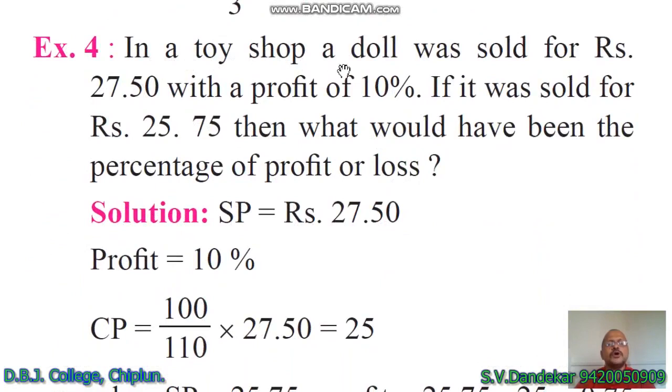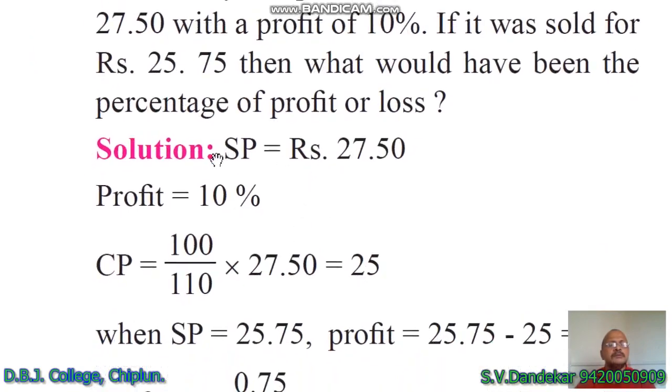In a toy shop, a doll was sold for rupees 27.50 with a profit of 10%. If it was sold for rupees 25.75, then what would have been the percentage of profit or loss? Solution: selling price is 27.50 and profit is 10%.